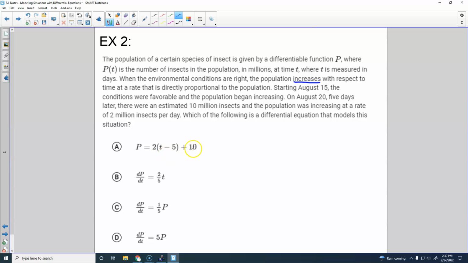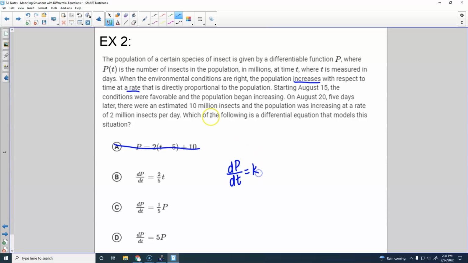So, A is not even a differential equation, because it doesn't have the dP/dt. So let's look at the part where it tells us the environmental conditions are right. The population increases with respect to time at a rate, so that's our dP/dt.